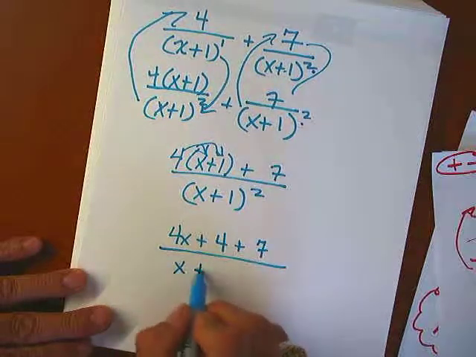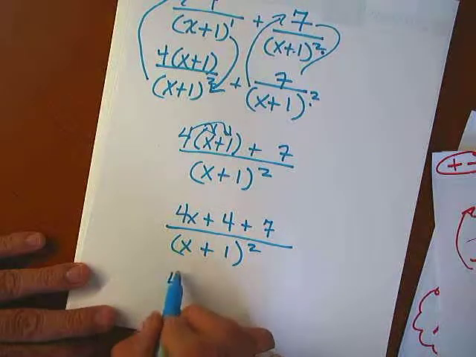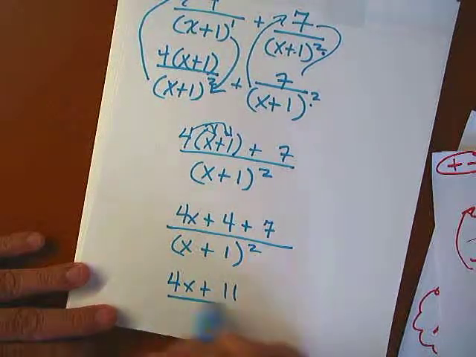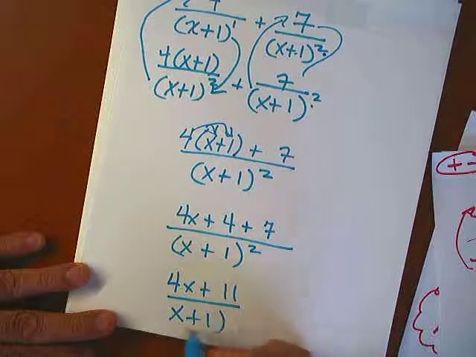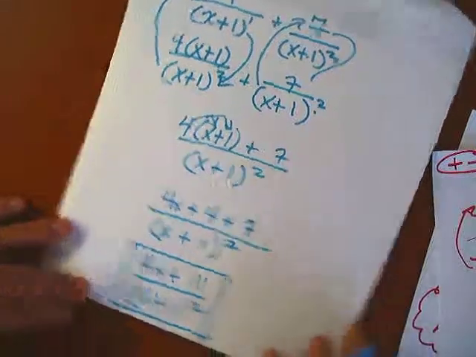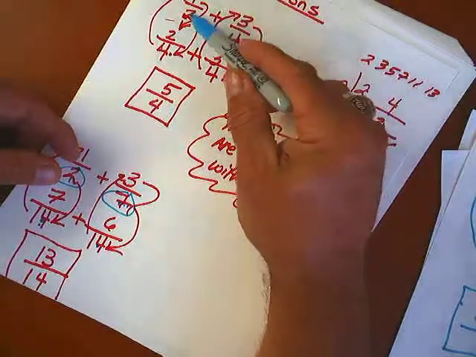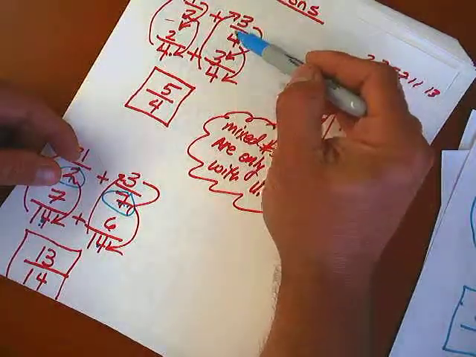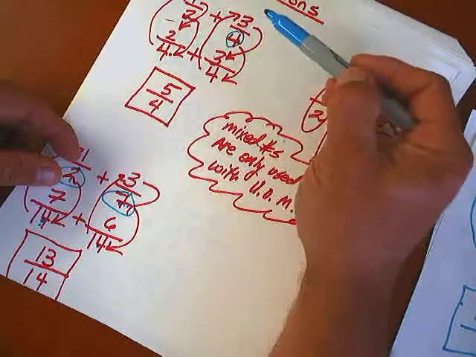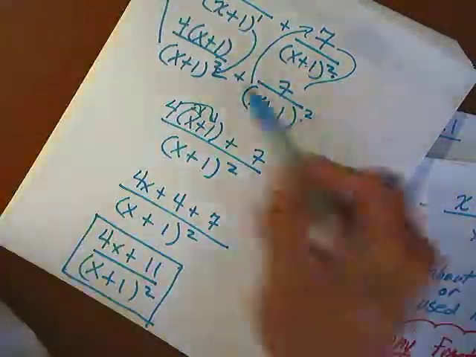So 4 times x plus 1 plus 7 over x plus 1 quantity squared. Distribute this 4. You get 4x plus 4 plus 7 over x plus 1 quantity squared. 4x plus 11 over x plus 1 quantity squared, and that's your final answer.